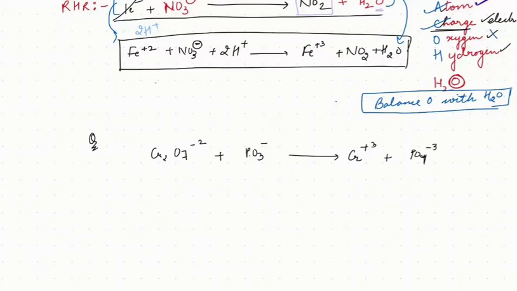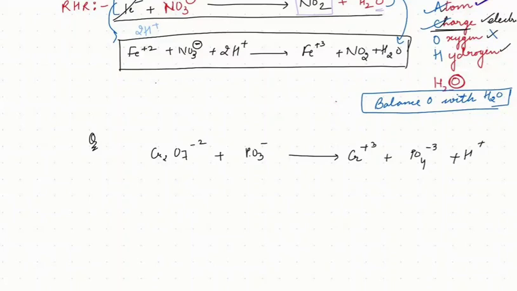That's the equation given to me. They have written H plus on either side just to let me know that it is an acidic medium, so that I follow the rules of balancing in the acidic medium. Let's suppose this is a hypothetical equation that you have to balance.